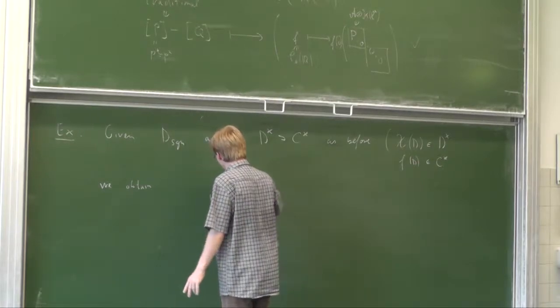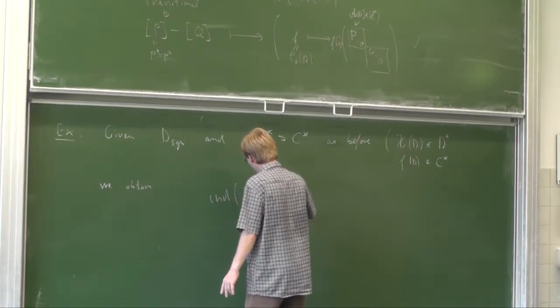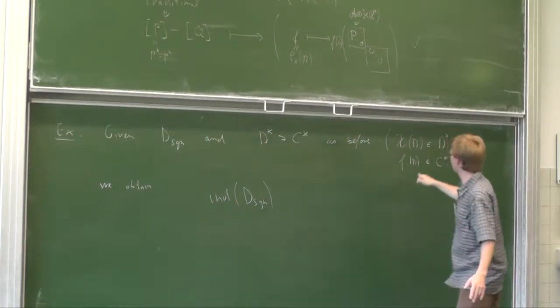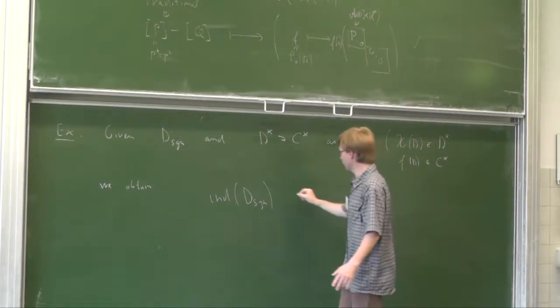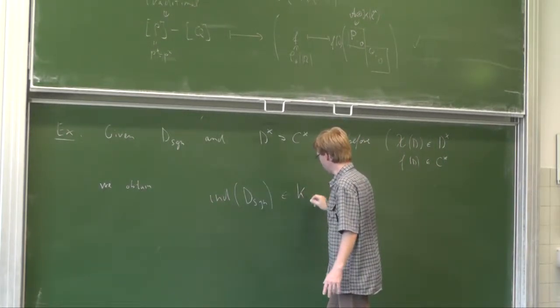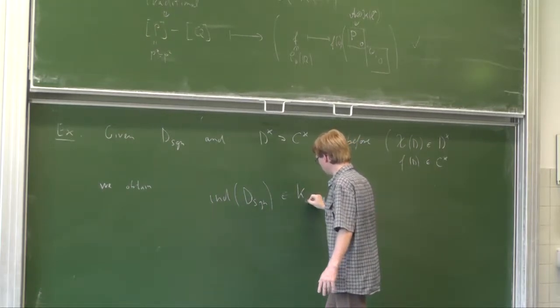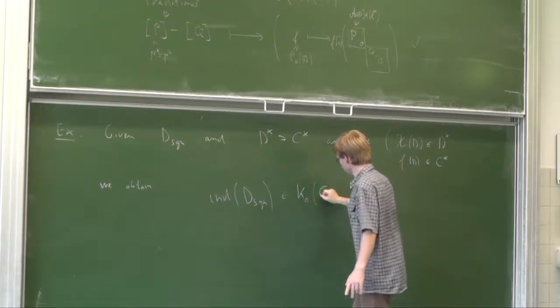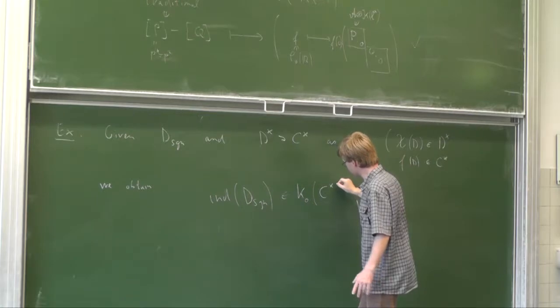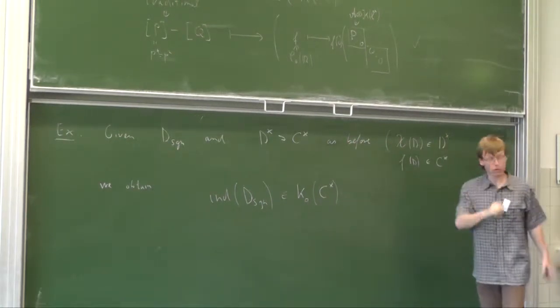Well, you know that in such a situation, you can define the index of the signature operator as an element in K0 of C star.